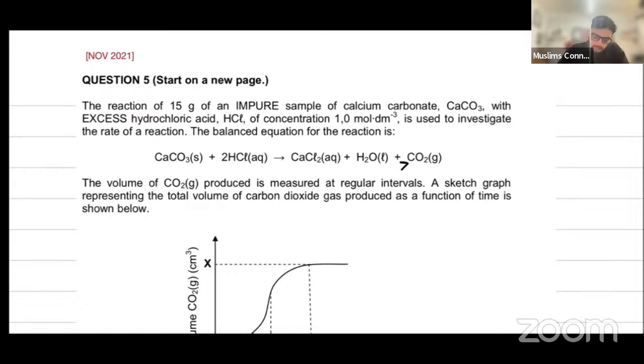So the important part here is not all of it reacts. If they tell us that there's 14 moles of HCl, we can't use that 14 moles to do any calculations, because the HCl is in excess. So not all 14 moles are going to react.